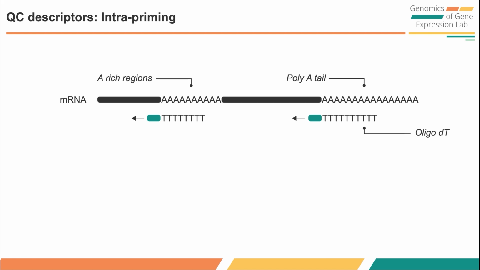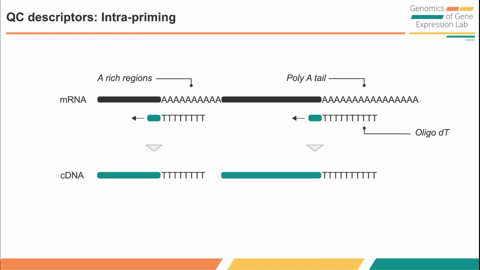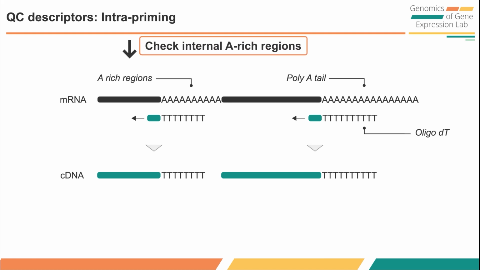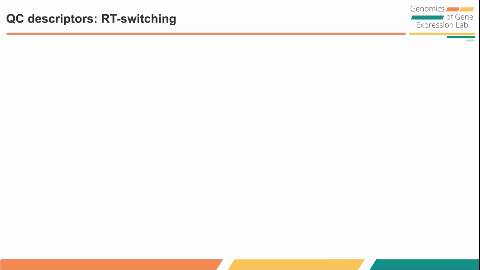The initiation of cDNA synthesis from the oligo-dT primed at both locations results in the generation of 2 truncated cDNAs from a single mRNA template. This process is called intrapriming. SQANTI3 detects it by checking internal A-rich regions.